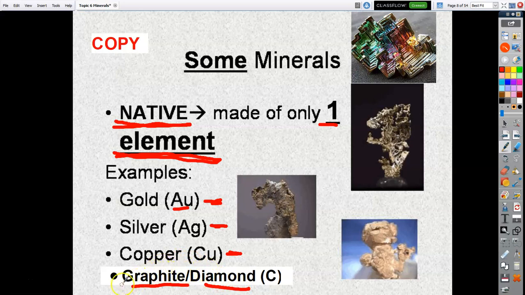So graphite is very, very, very soft. On the hardness scale, it's given a value of a 1. Diamond is on the other side of the hardness scale, extremely hard, and that's a 10. And it's very interesting that they're both made of carbon atoms, but one is very soft, a 1, and the other one is extremely hard, a 10.